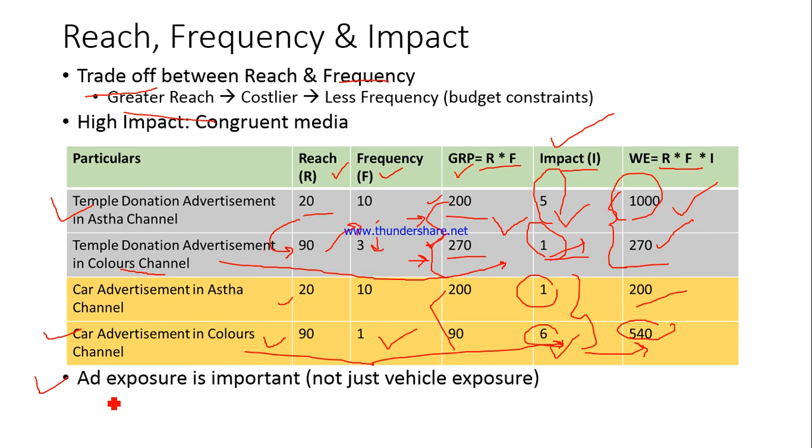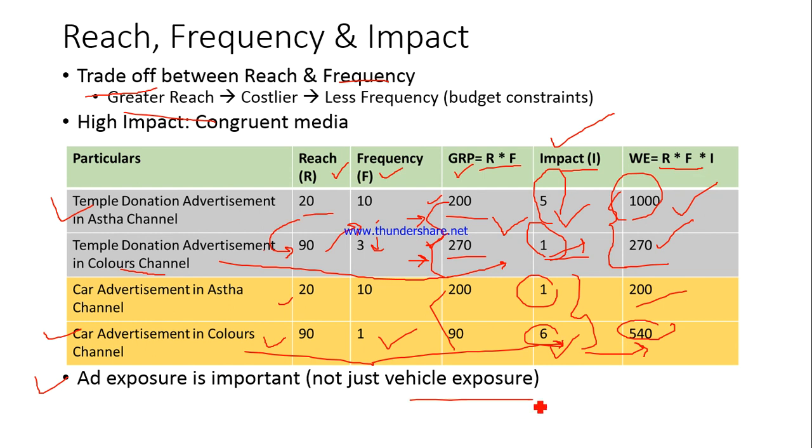See, just a while ago I talked about media type and media vehicle. Let's say you have decided that you will go for print ad, so that is media type, and within the print ad you decided that the media vehicle would be Amar Ujala, right? So that would be the media vehicle. Now it is not at all of any significance whether my target audience is reading the Amar Ujala newspaper or not, because if they are only reading the Amar Ujala newspaper and they are simply ignoring my ad which is there on that particular newspaper, then this is a case of vehicle exposure.